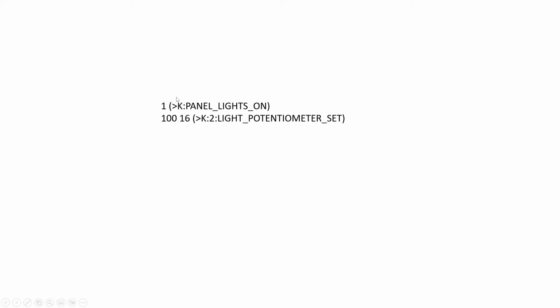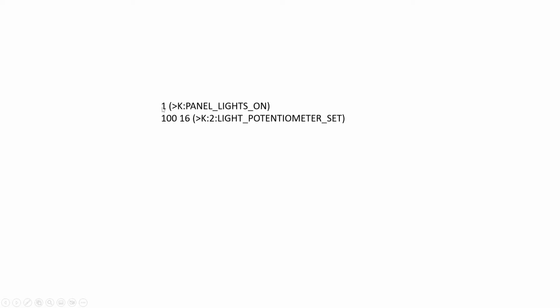You can get that variable, that event, and put it in, but you do need to add some text to it. Firstly, if you just put it in as normal, you've got to make sure that it's got this greater than arrow. That means I'm sending a value to panel lights, to that command, and I'm sending a 1 to turn it on.